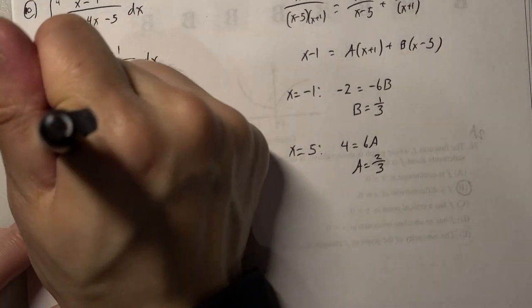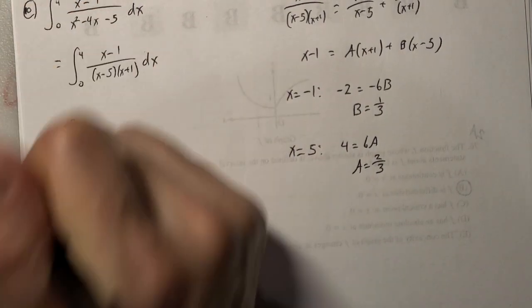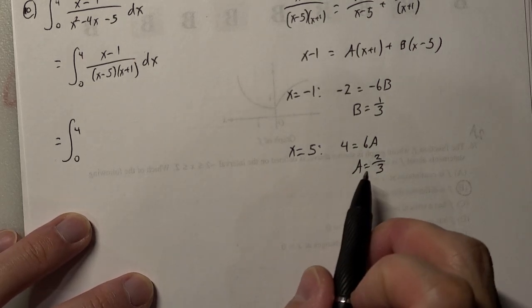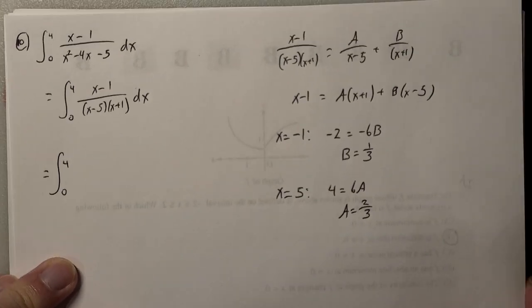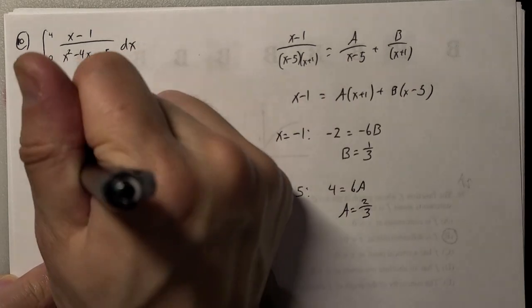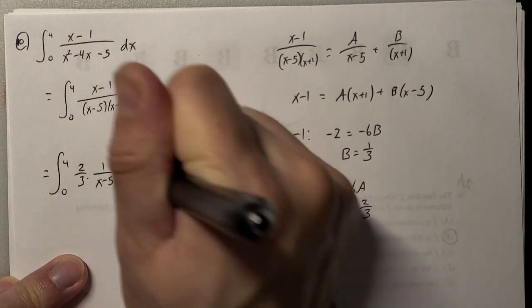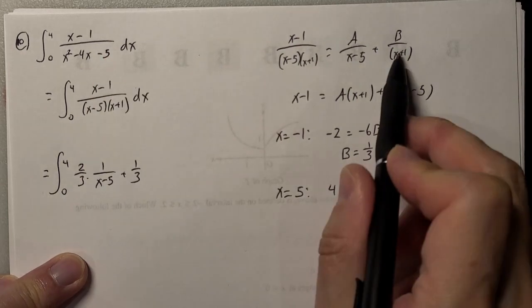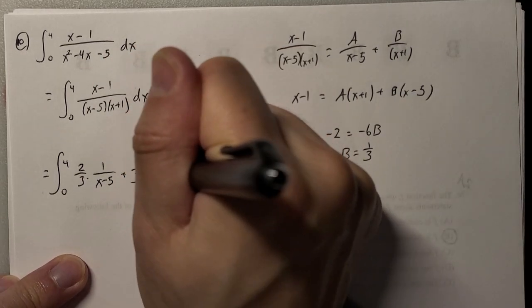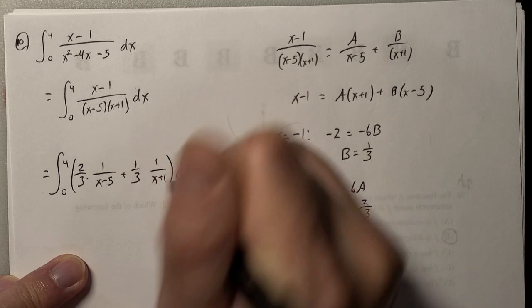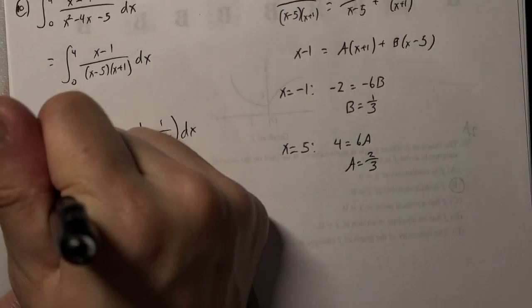Okay, so we can rewrite this as the integral from 0 to 4 of 2/3 times 1 over x minus 5, and then B was a third, right? So a third times 1 over x plus 1 dx. These are easy to integrate. They're just logs.